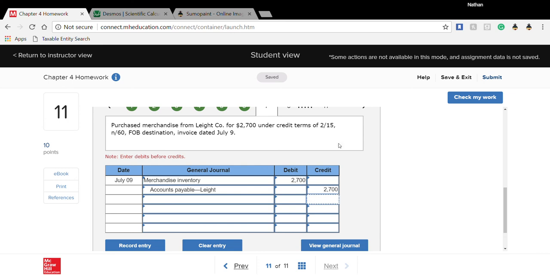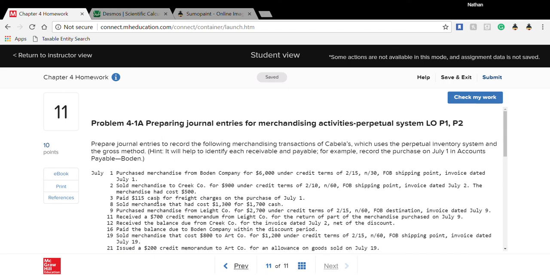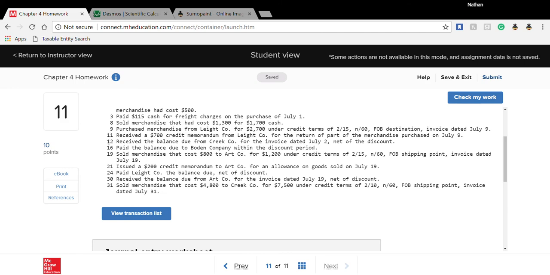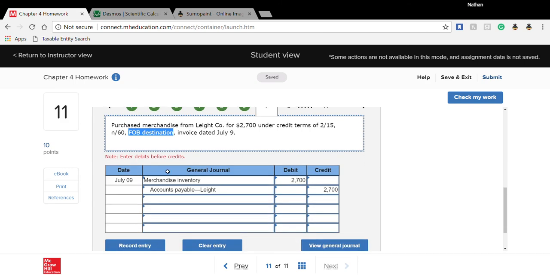And then watch out, 2 for 15. And this is FOB destination. So that means Light Co. is responsible for shipping. We're not going to pay anything, which is great. We love that. Okay. And again, in physical terms, we would put in the dates. Connect's already done that for us, so we don't have to worry. And the dates would be July 9th, July 11th, 8th, whatever day they are done.